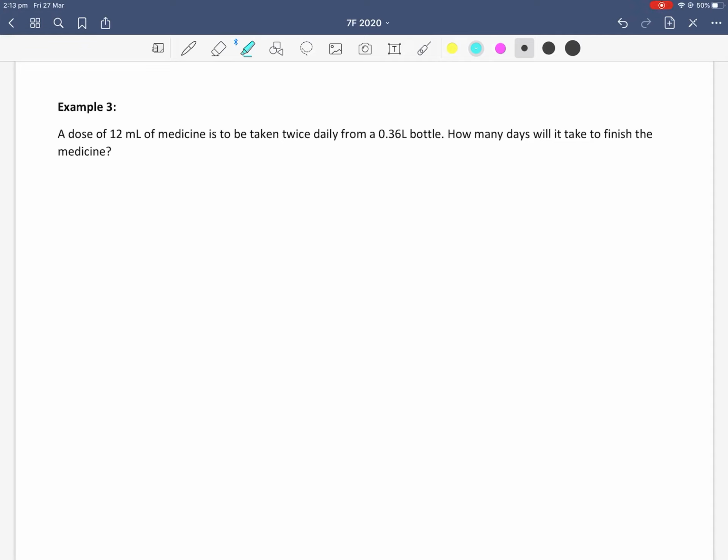So highlighting, if it helps you, we've got medicine, which is 12 milliliters twice daily. And in total, we have a 0.36 liter bottle. We are trying to work out how many days that the bottle will last us. So don't forget, English word equals.